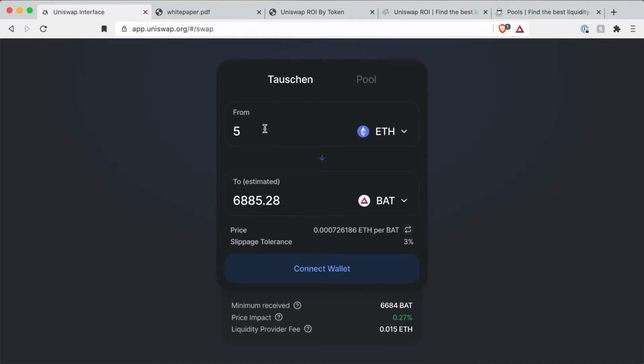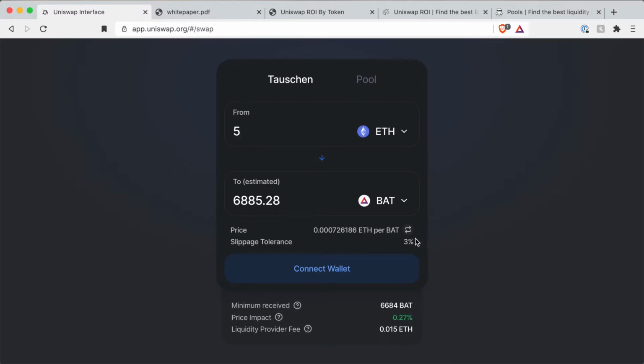So if I sell now my Ethereum and buy BET, I lower the amount of BET in these pools, and with that I influence the price. So you see here the price impact is really interesting, because the price impact is relevant for the slippage. So here you see the price impact of my trade will be 0.27.